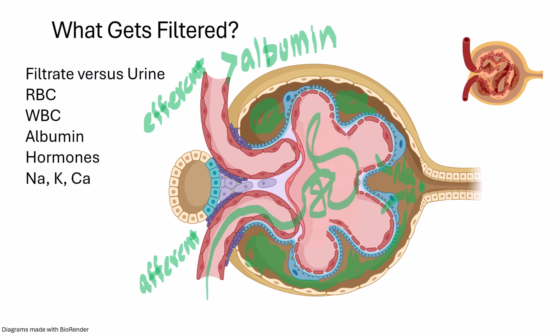They are too large to be filtered out of your whole blood. And this is why red blood cells and white blood cells are abnormal when found in urine, right? They should not be in urine, and if they are, it indicates a breakdown of this filtration membrane. Anything larger than albumin should also remain in your whole blood. But there are proteins that are smaller than albumin, and those are not abnormal to be seen in urine.